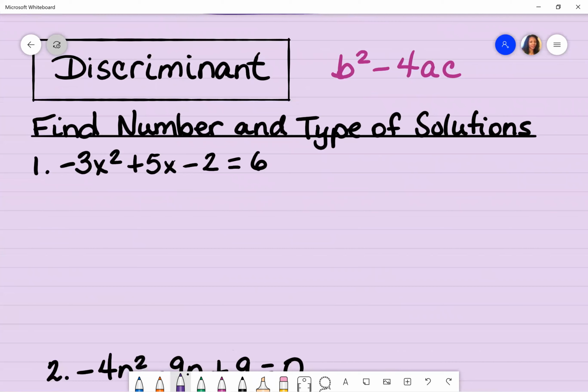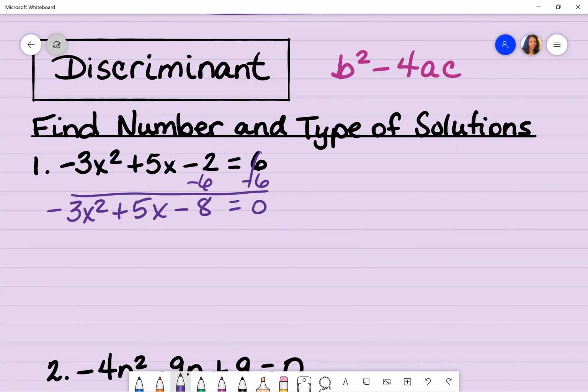So let's put this in standard form by moving the 6 over. So that's going to be a -6, which leaves that at a 0. So we have -3x squared plus 5x minus 8. Remember, if the signs are the same, you're adding and then you're taking that sign.